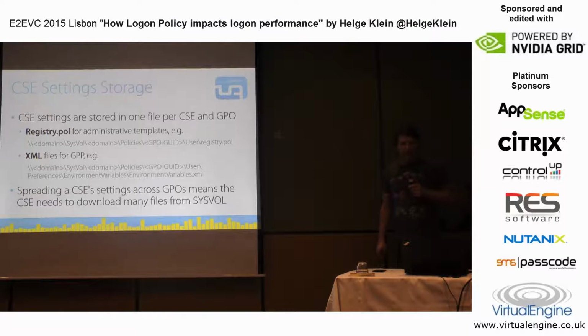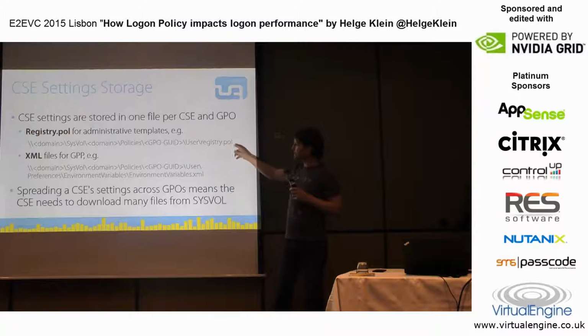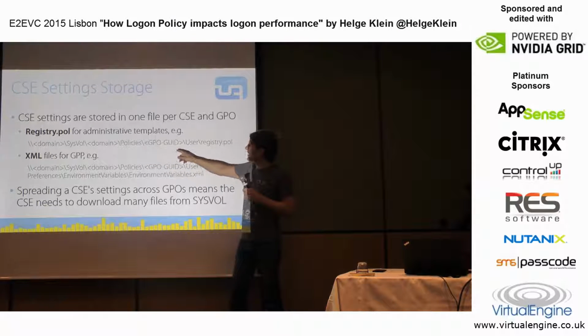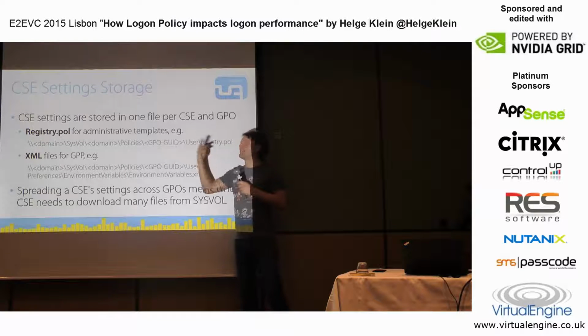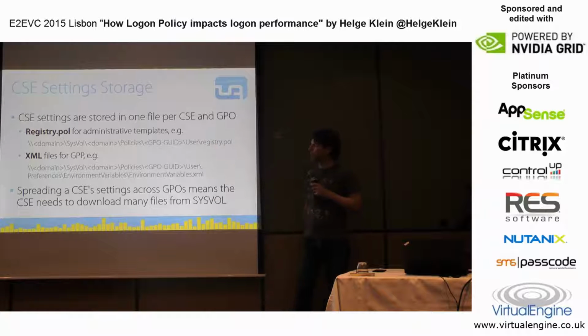For administrative templates, these settings are written to a file called registry.pol, and that registry.pol is stored per GPO on the domain controller. As you can see here, it's in the sysvol share, and there we have a variable that stands for the GUID of the group policy object, and then the user subsection or the computer, depending on where you configure settings, we have that registry.pol file.